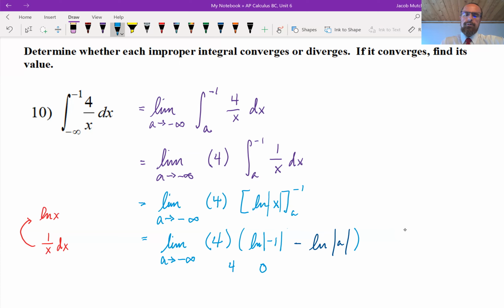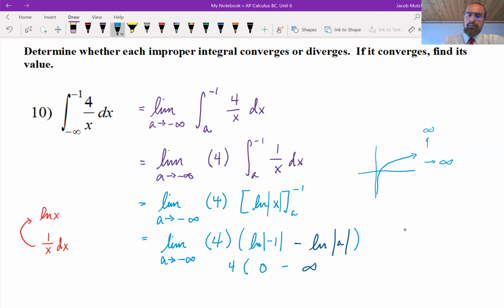So this is 4 times 0 minus natural log, if I'm taking the limit as a approaches negative infinity, the natural logarithm function as x goes to infinity, y is also going to infinity. So that becomes infinite.